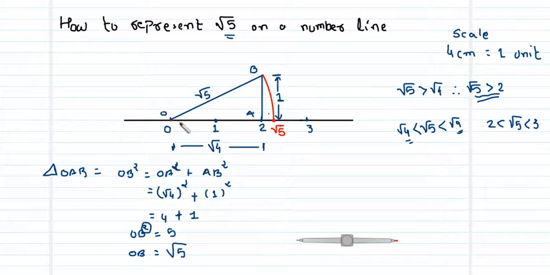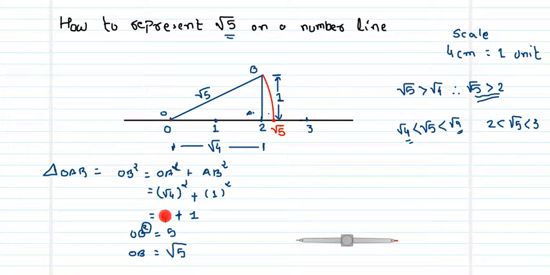How? That is with the help of Pythagoras theorem. In triangle OAB, what will Pythagoras theorem say? OB square, that is hypotenuse square, you can find with the help of the two sides: OA square plus AB square. Here OA, the length of O and A, is root 4. So root 4 square plus AB square, 1 square.